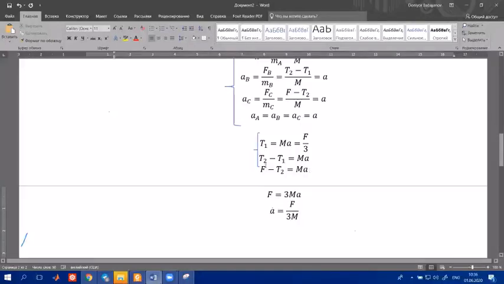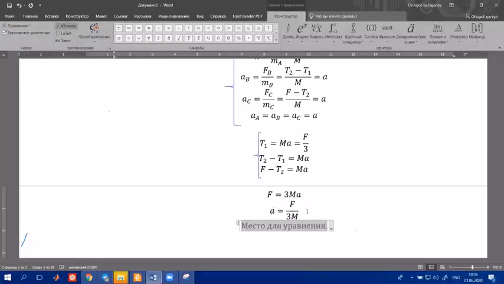Tension 2 you can find either from the third equation or from the second equation. Okay, let's find it from the third equation. We move minus T2 to the right hand side with plus sign. We move ma to the left hand side with minus sign. Then we get tension 2 is equal to F minus ma. F minus ma is given here.